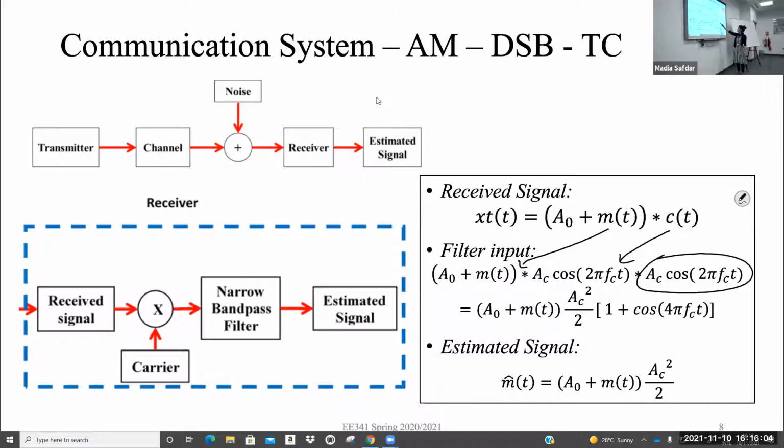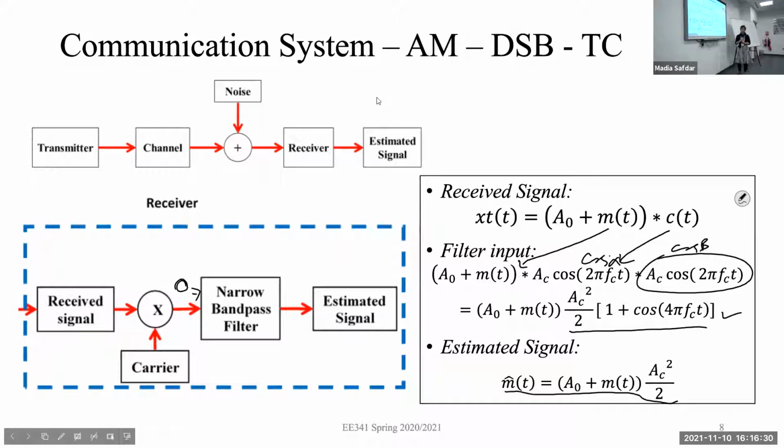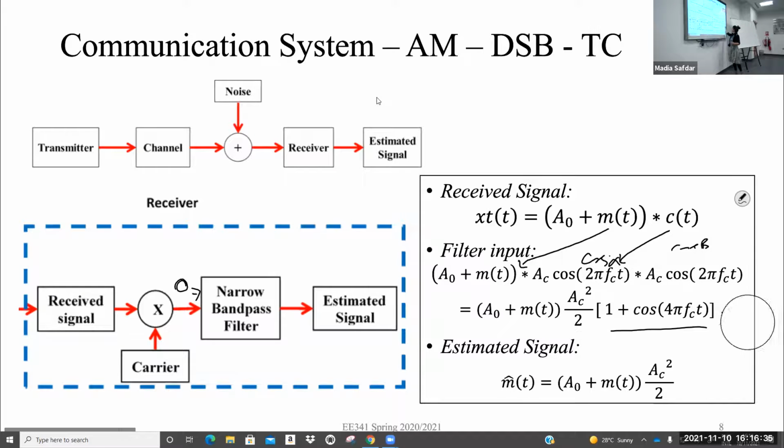In the previous class, I showed you that if this is cosine of alpha and then cosine of beta, then this is the trigonometric identity. By solving, I have this signal here. After sending it through the bandpass filter, this part will be removed, and then I will get my estimated signal here. Okay. So these are the steps.